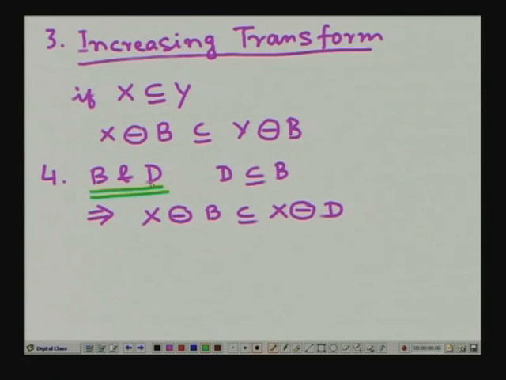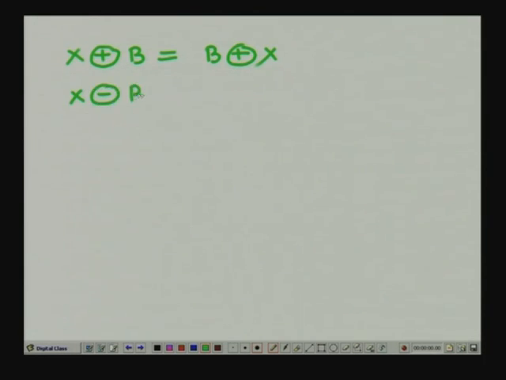So, following the properties of erosion and dilation, you can find that erosion and dilation are different in certain cases. In case of dilation, we have seen that X dilation B is same as B dilation X, whereas in case of erosion, X erosion B is not same as B erosion X. So, here the properties of erosion and the properties of dilation differ.